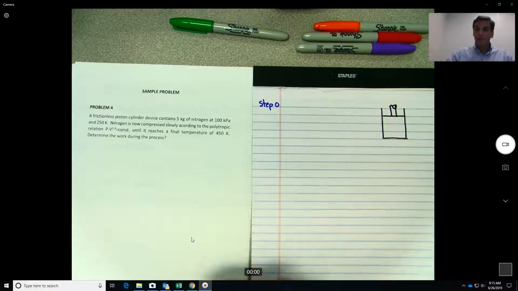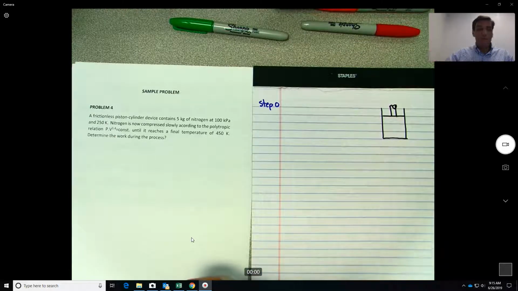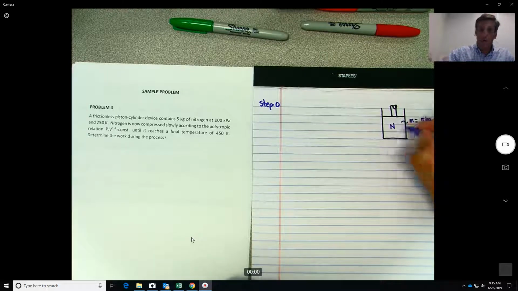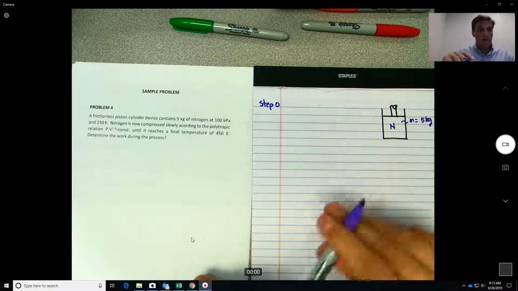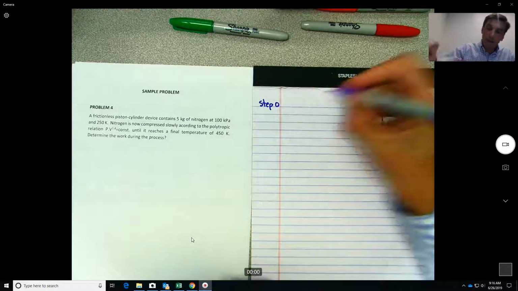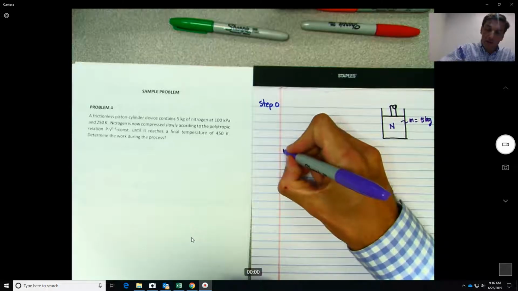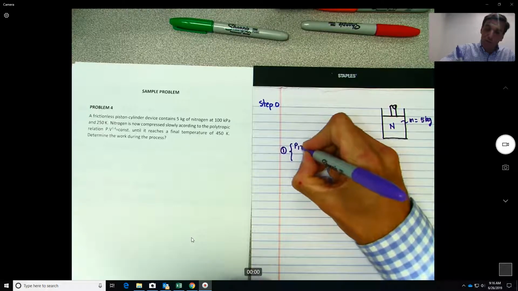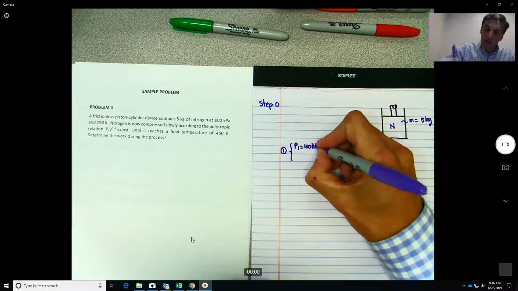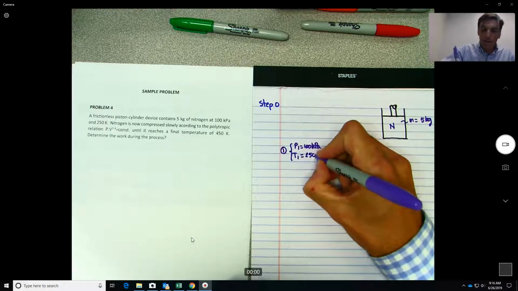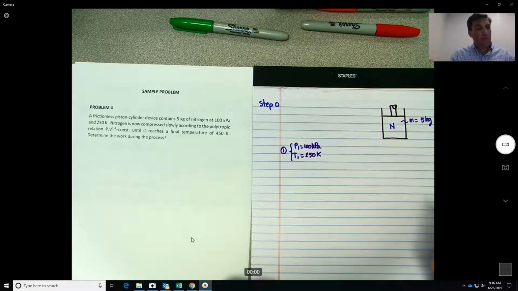Contains 5 kilograms of nitrogen at 100 kilopascals. So you can say here at step 1, you know that the initial pressure is 100 kilopascals and the initial temperature is 250 degree Kelvin.